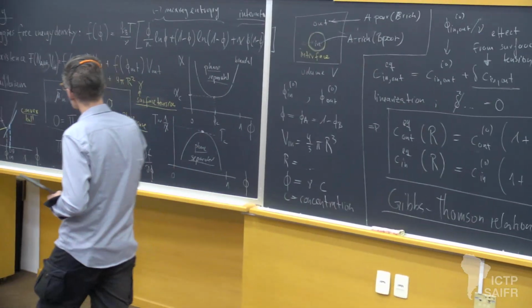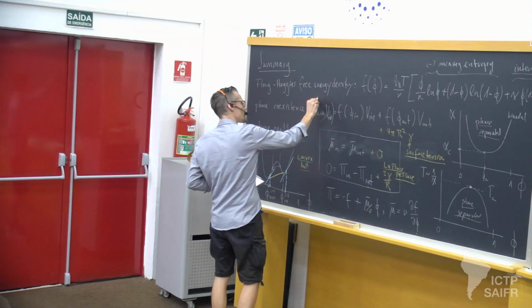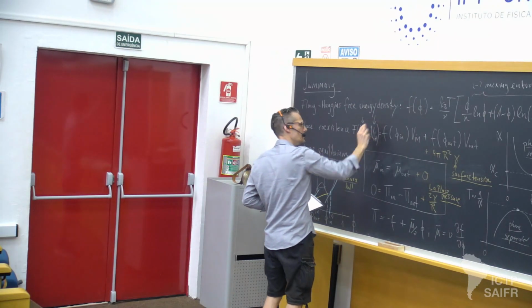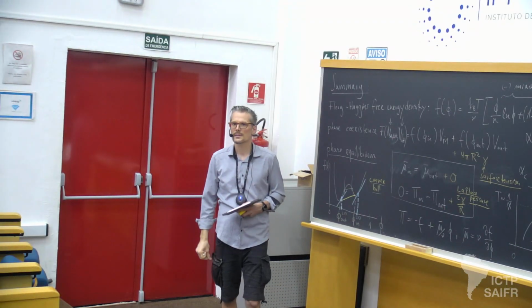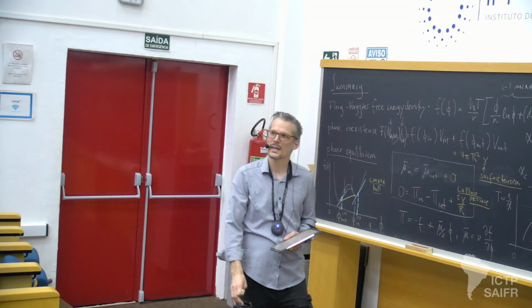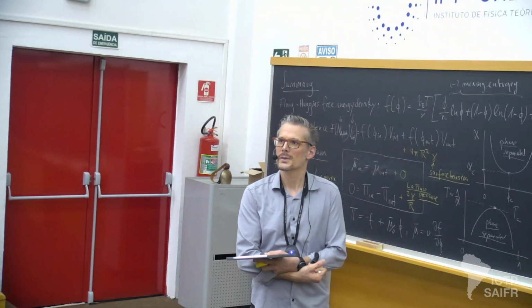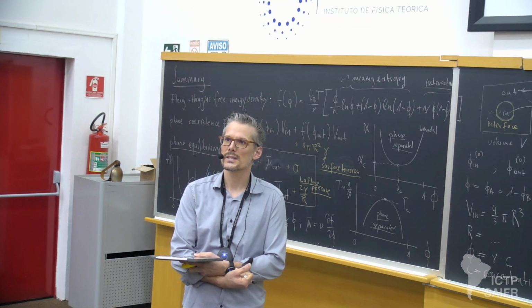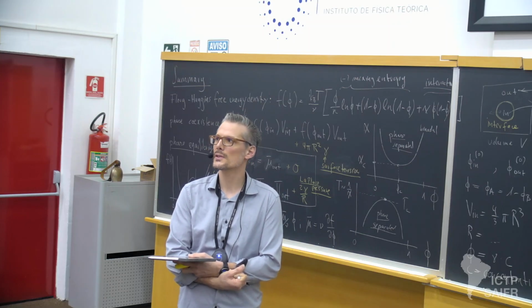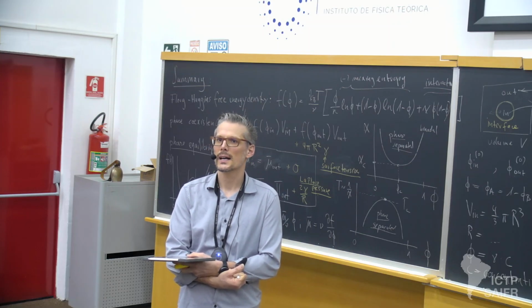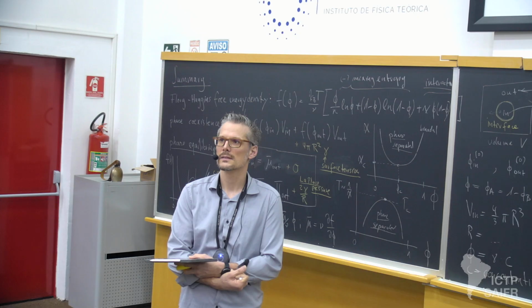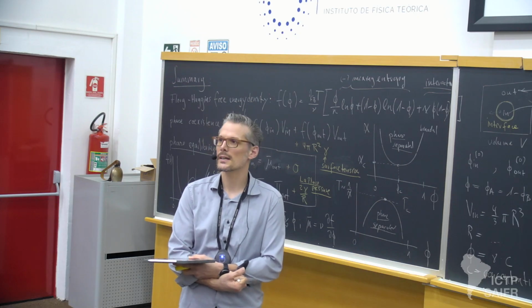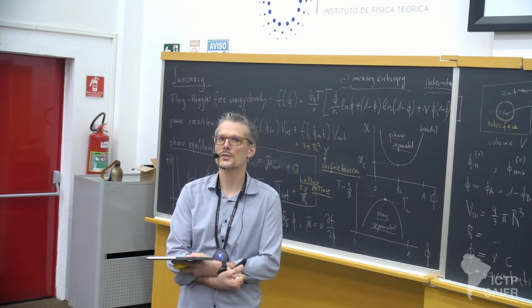Before, we just calculated the derivative with respect to the two variables. What is now different? What is the type of derivative I have to use here? How do you calculate a derivative of a functional?